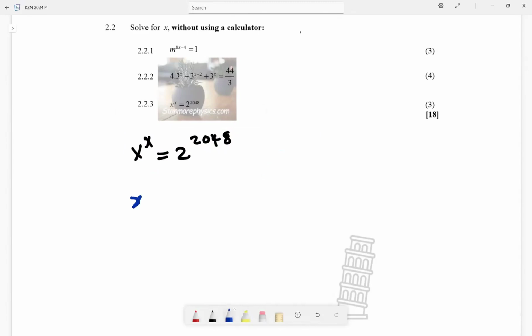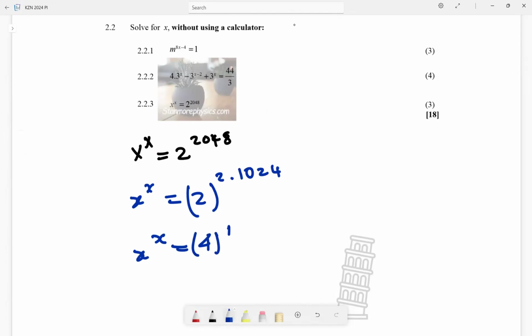I can say x to the power of x is equal to 2 to the power of, I write this as 2 multiplied by, divide this by 2, it gives you 1024. This is the same. So x to the power of x is equal to 2 to the power of 2, I can say this is 4 to the power of 1024.